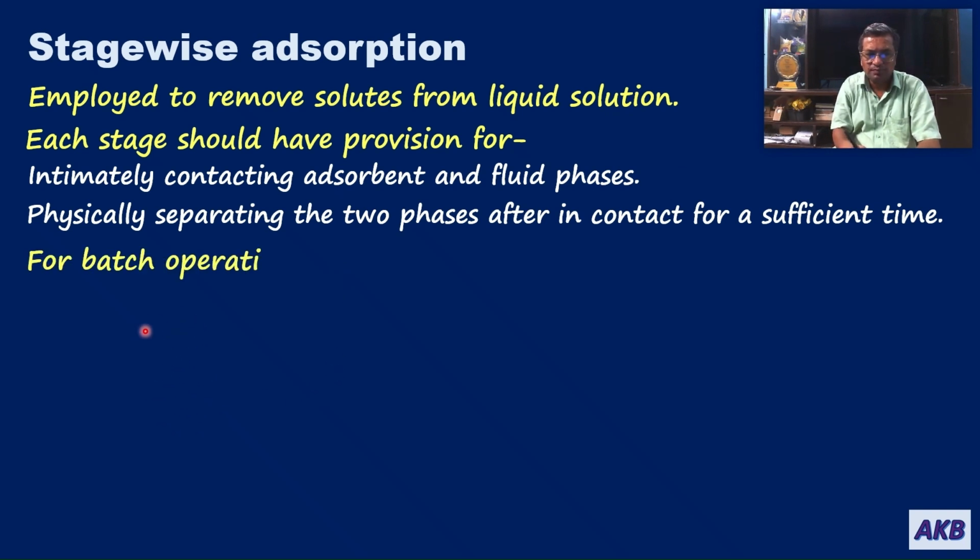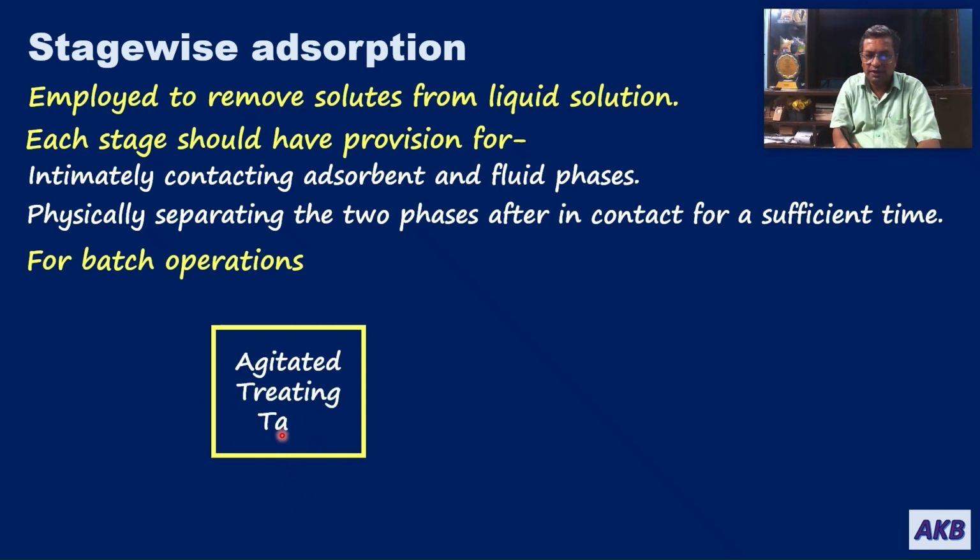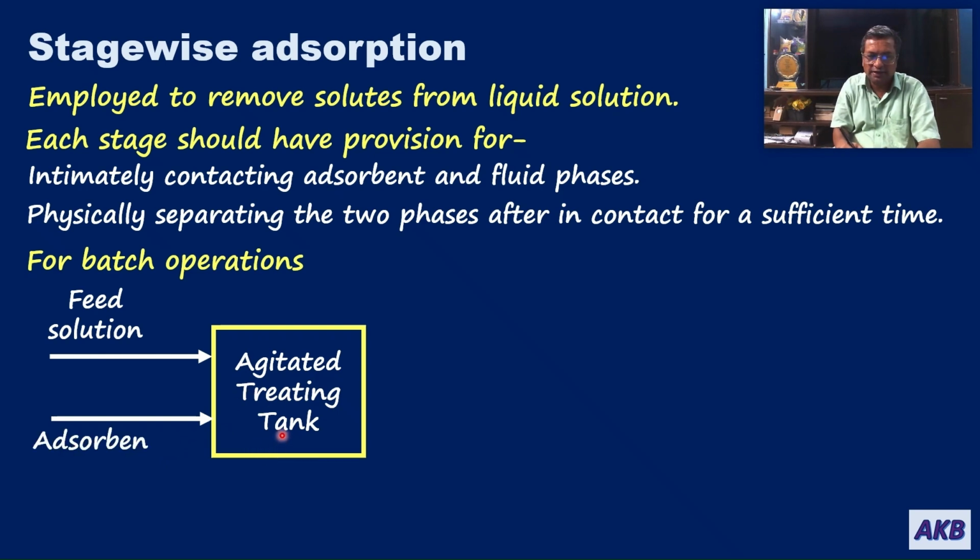So if you are carrying out batch operations, then you can have this arrangement. A stage will have this arrangement. There will be an agitated treating tank where the feed solution and the adsorbent phase will be agitated so that they are intimately mixed, intimately contacted with each other.